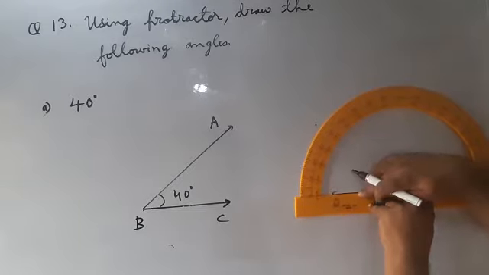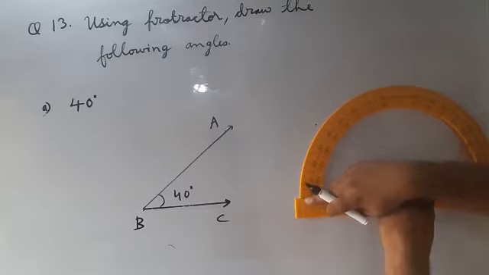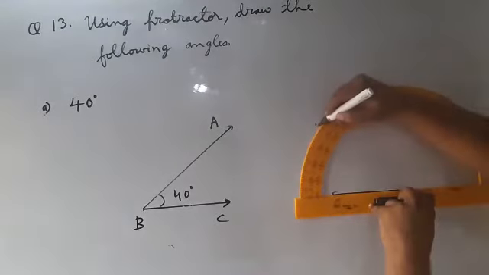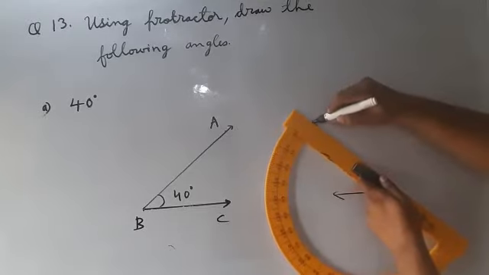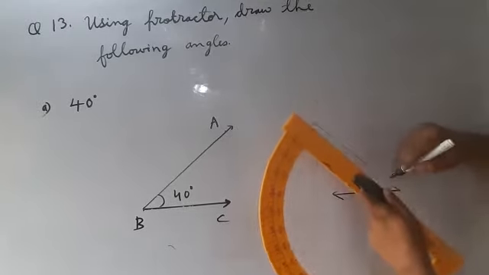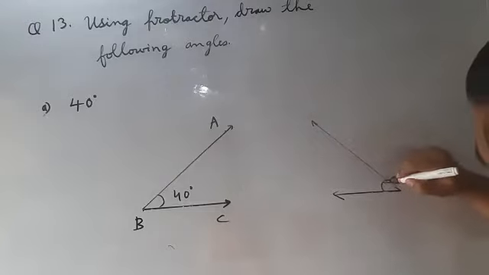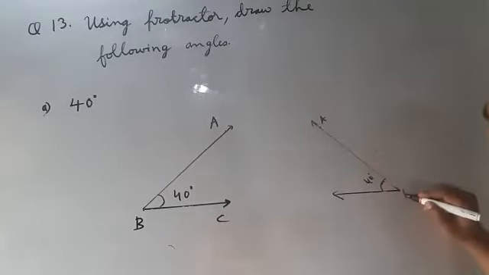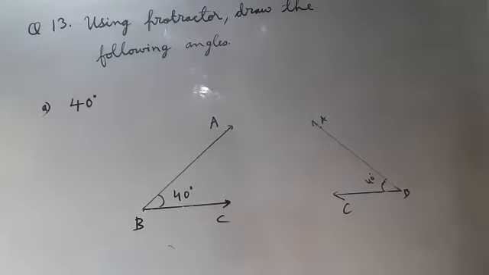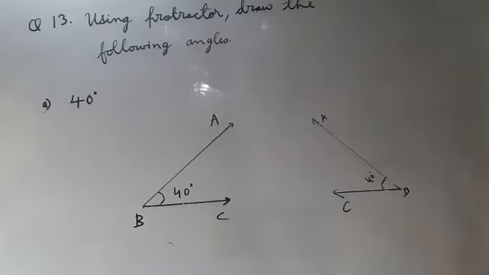The baseline which is touching the protractor baseline is 0 degree. So this is 40 degrees. Suppose I am writing A, B, C. This is a 40 degree angle. Hope you're getting it. Now I will draw another angle.